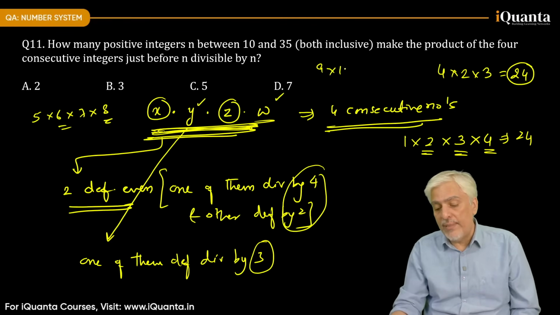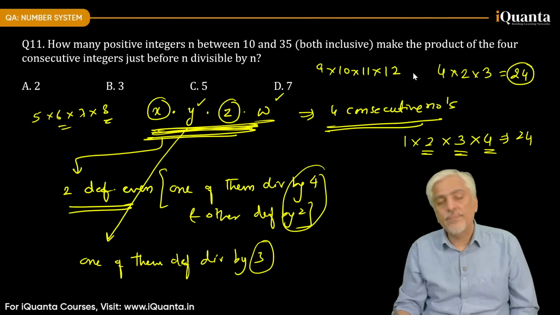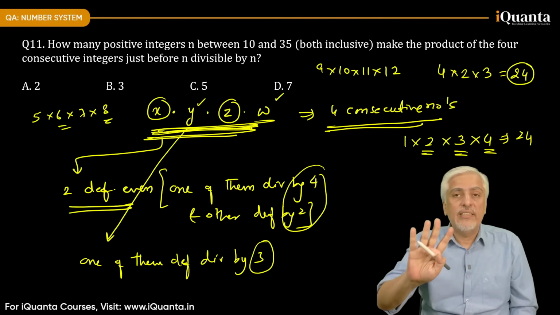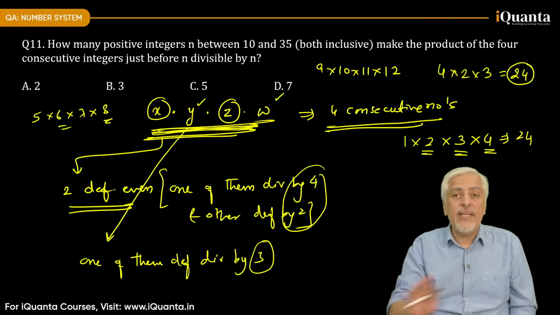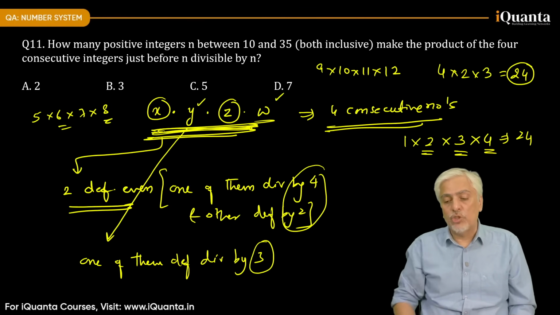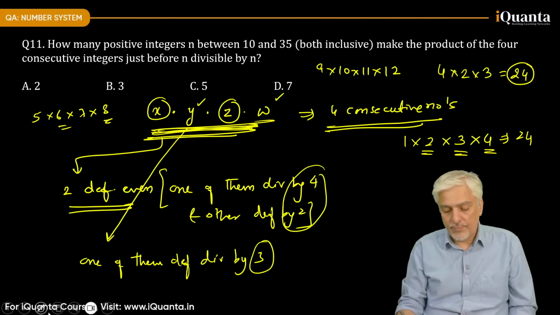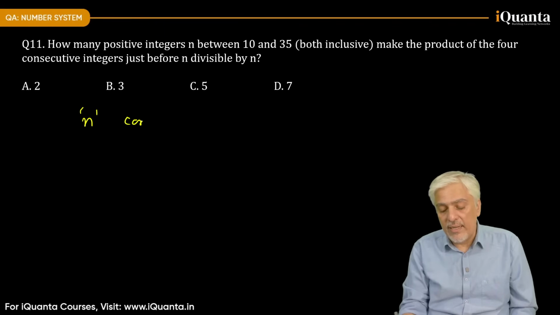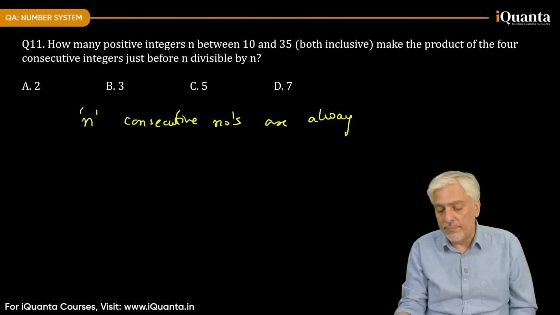9, 10, 11, 12. It will definitely be divisible by 24. Up till wherever you go, if you take 4 consecutive integers, they will be divisible. In fact, let me give you a nice rule along with it. N consecutive numbers are always divisible by n factorial.